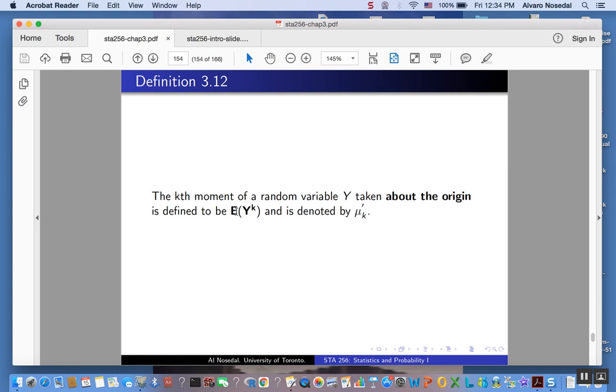So for instance, when k equals 1, the first moment about the origin is just the expected value of y, so just the mean. On the other hand, the second moment of the random variable y about the origin would be the expected value of y squared. Make sense? It's just jargon.